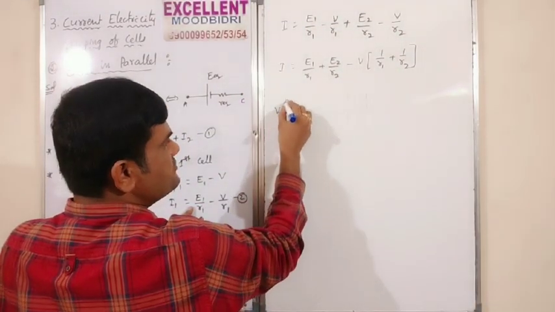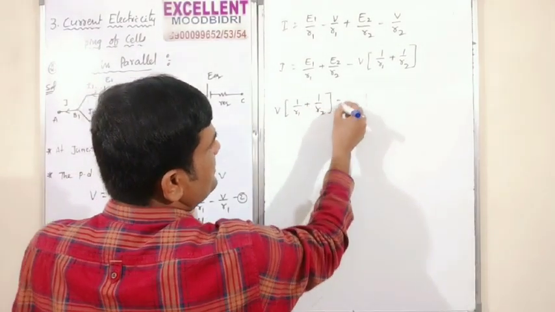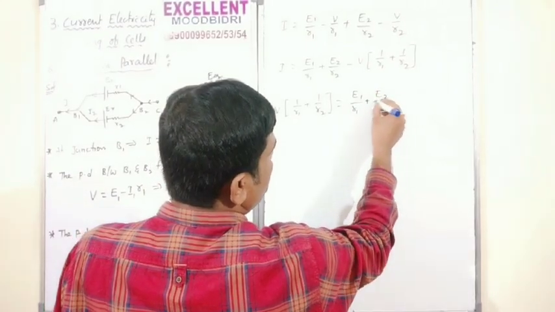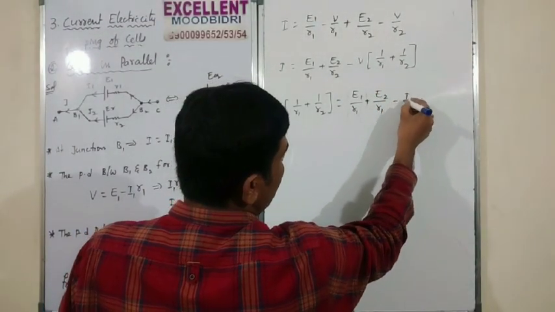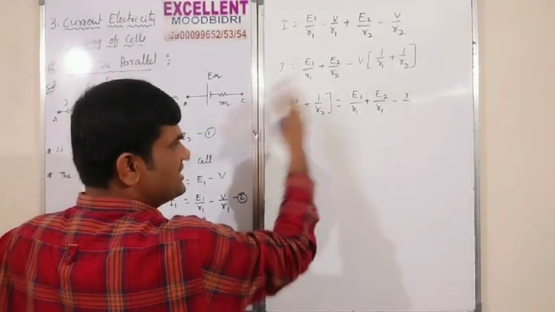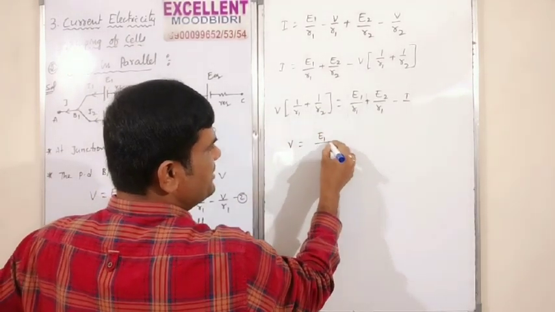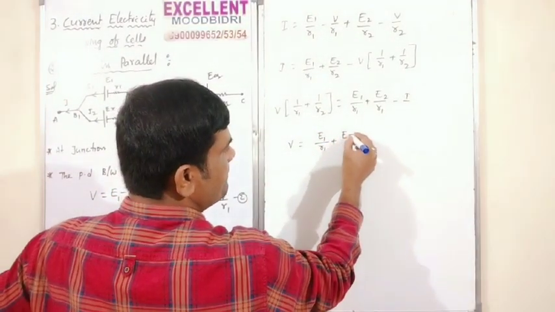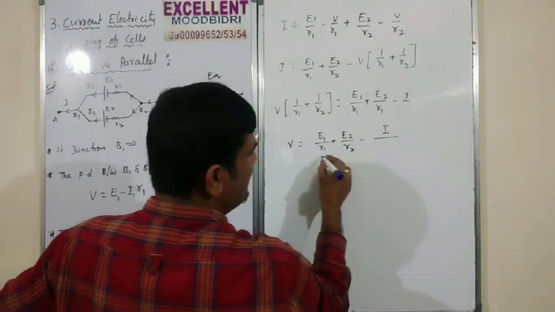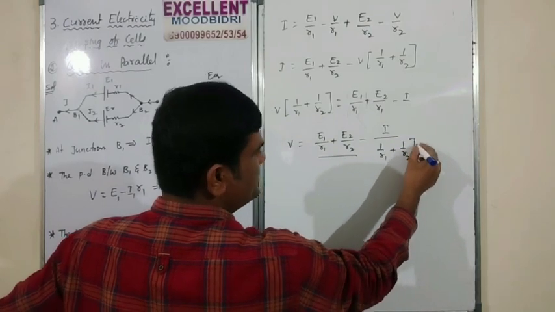Now this one transfer to this side, and I take to that side. Therefore minus becomes plus: V times 1 by R1 plus 1 by R2 is equal to E1 by R1 plus E2 by R2 minus I. Now this one transfers down. It is a multiplication, and transferring to that side it becomes division. So V is equal to E1 by R1 plus E2 by R2 minus I, divided by 1 by R1 plus 1 by R2. Correct?